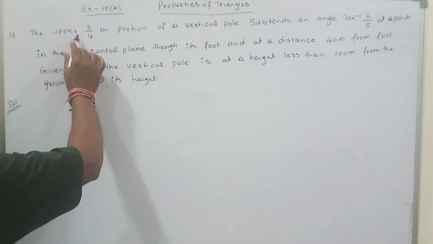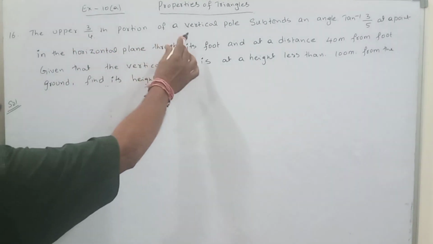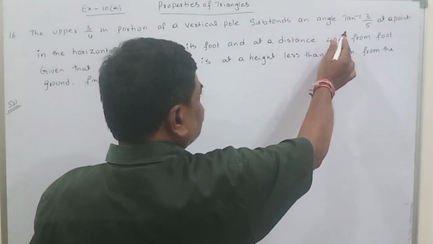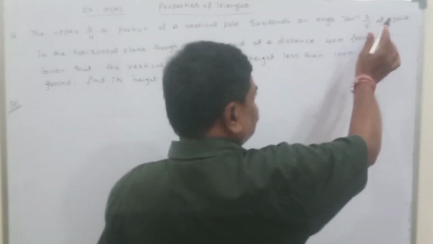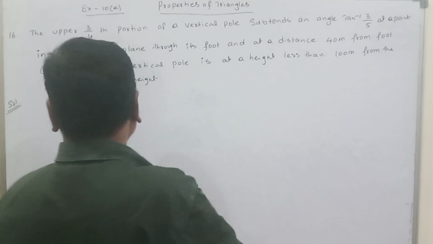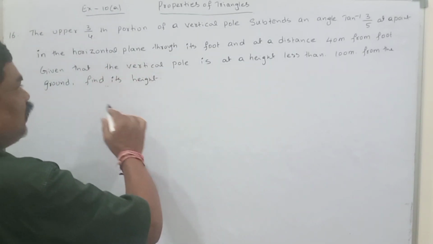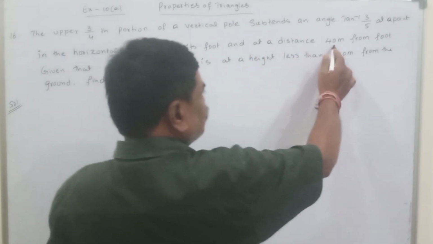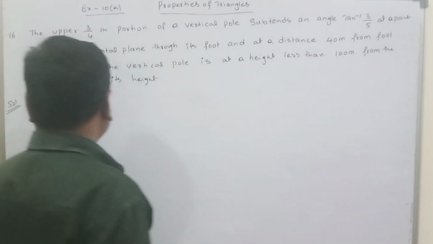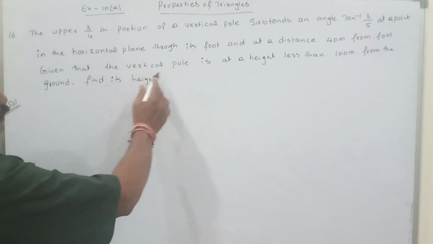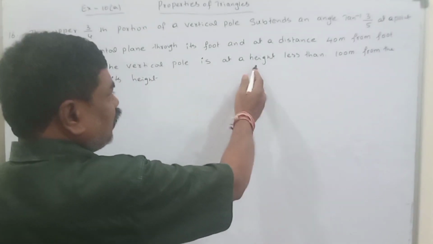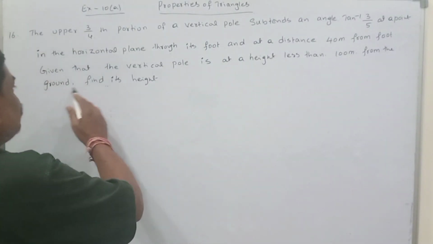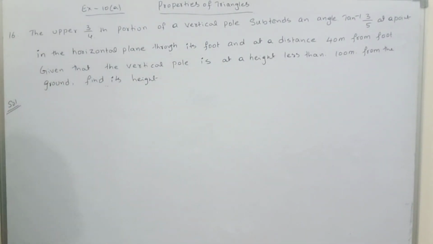The upper 3 by 4th portion of a vertical pole subtends an angle tan inverse 3 by 5 at a point in the horizontal plane through its foot and at a distance 40 meters from the foot. Given that the vertical pole is at a height less than 100 meters from the ground, find its height.